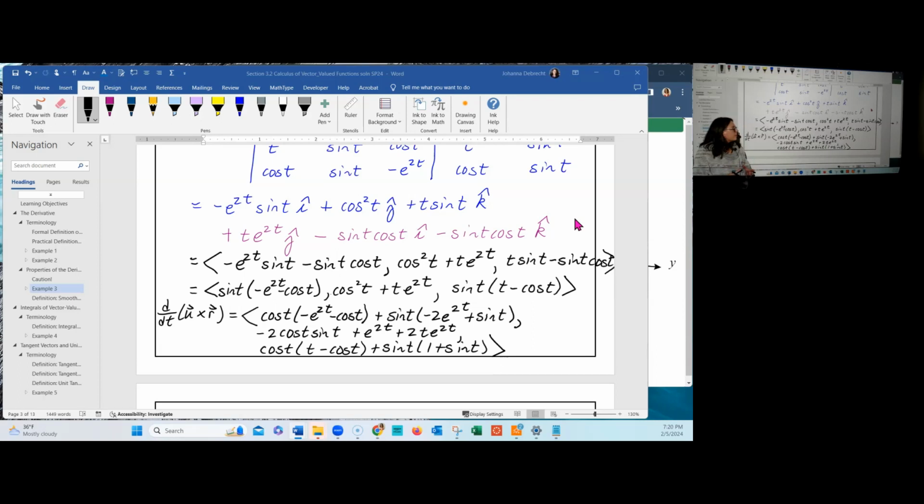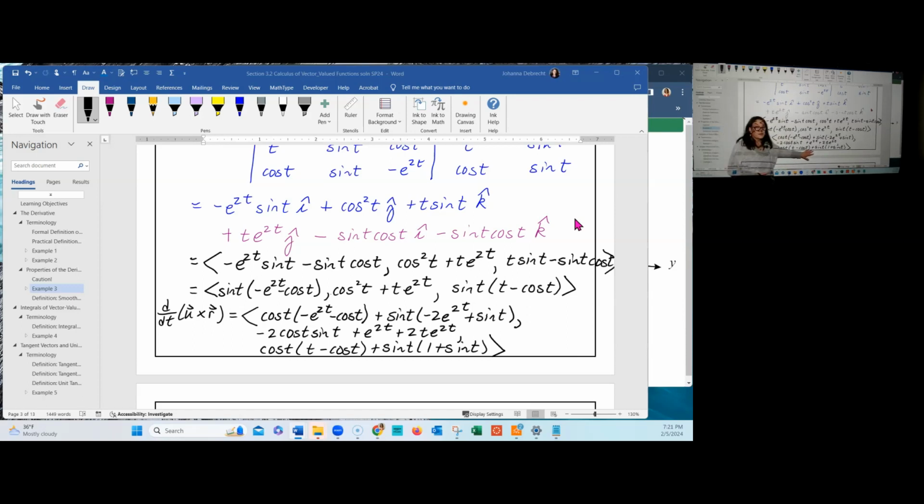The j hat component, I didn't need to apply the product rule in the first term, but I did need chain rule. So I got negative 2 cosine t sine t. And then I got, for the second term, plus e to the 2t plus 2t e to the 2t from the product rule in the second term. And all of that gave me the j hat component.